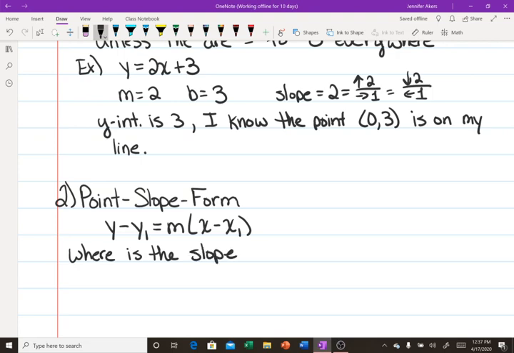I didn't write the m. Let's insert it in, where m is the slope. Let me fix that, it's going to bother me.